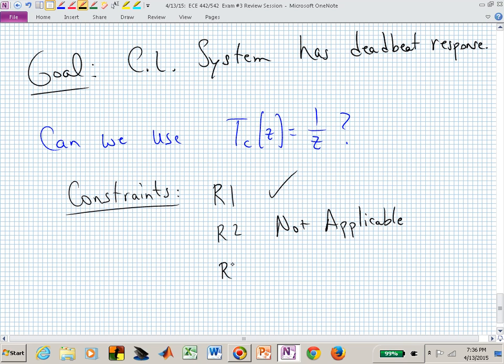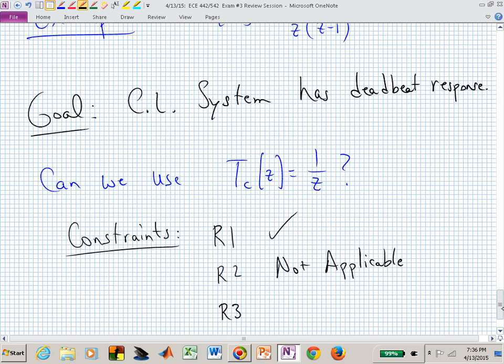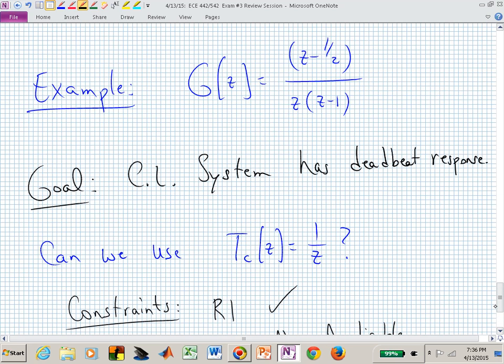What about R3? What's R3 dealing with? Unstable poles. Do we have any unstable poles? Yeah, we have that crazy one right on the boundary, so that one you really need to worry about.